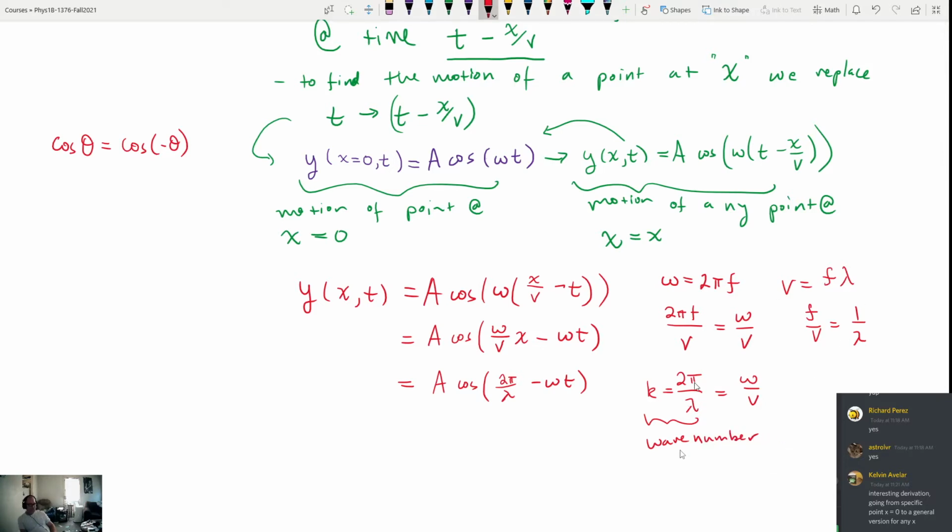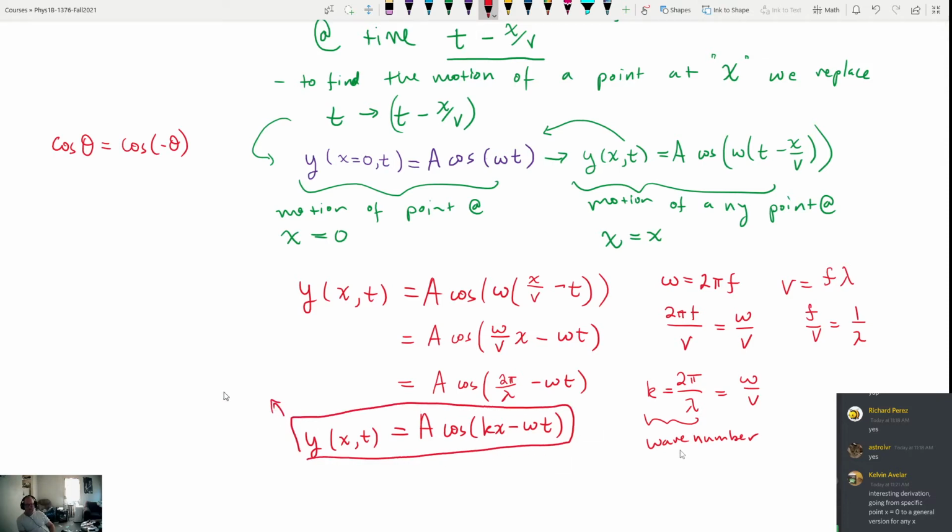It's just the inverse of the wavelength multiplied by 2 pi. And if we do that, we get our final form here, which is the cosine of kx minus omega t. And that is our traveling wave. It describes a transverse sinusoidal traveling wave.